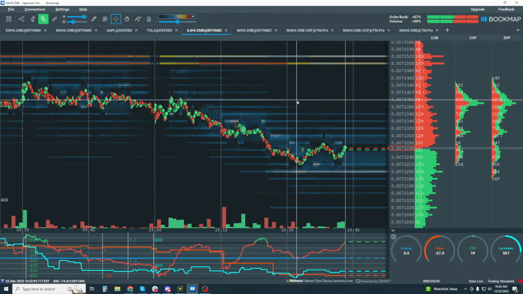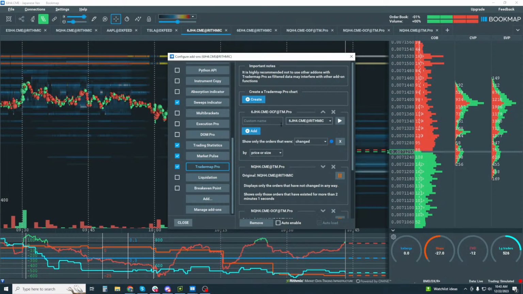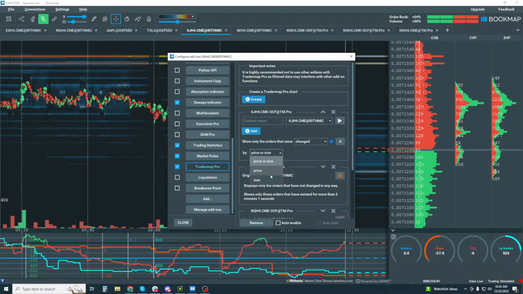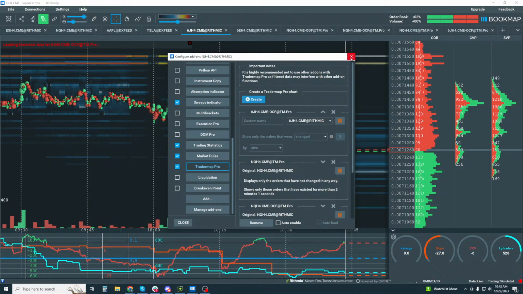Let's go back in here and let's try it again. You can also just change if it was changed by size only. Let's try that. See what this looks like.